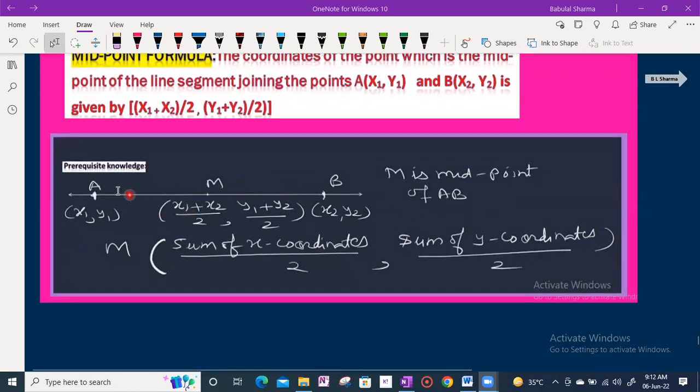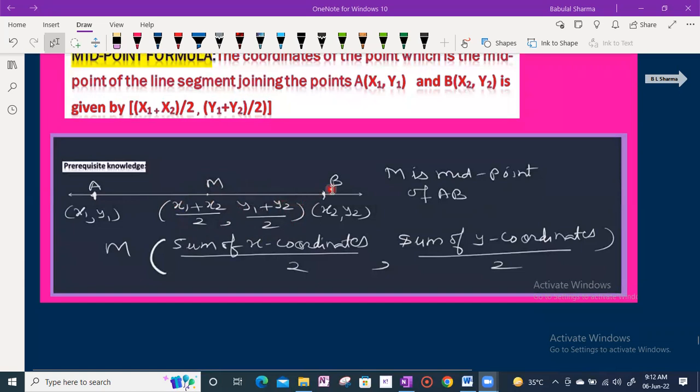In the midpoint formula, AB is a line segment, the coordinates of A are x1, y1 and the coordinates of B are x2, y2, and M is the midpoint of line segment AB. Then the x coordinate of point M will be x1 plus x2 by 2, and the y coordinate of the midpoint M will be y1 plus y2 by 2.